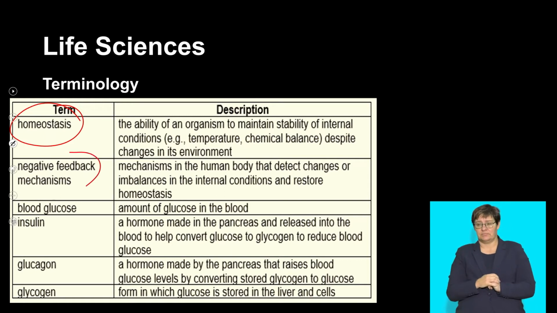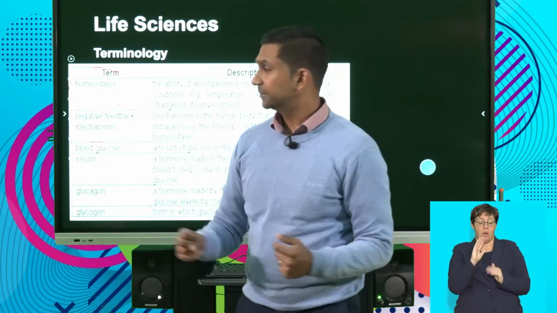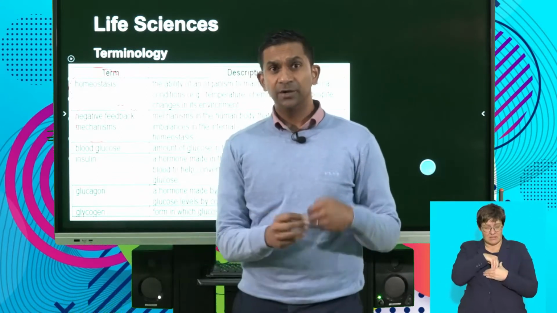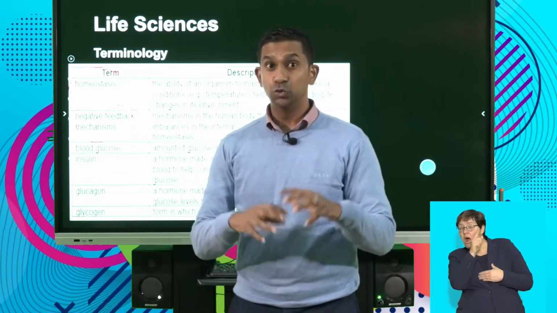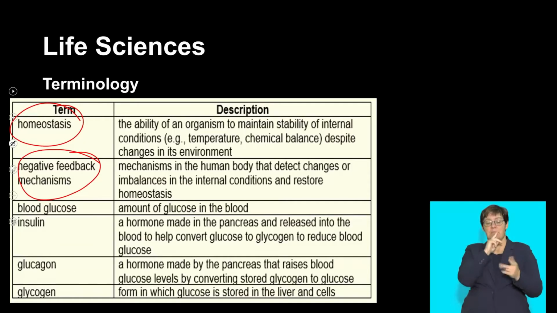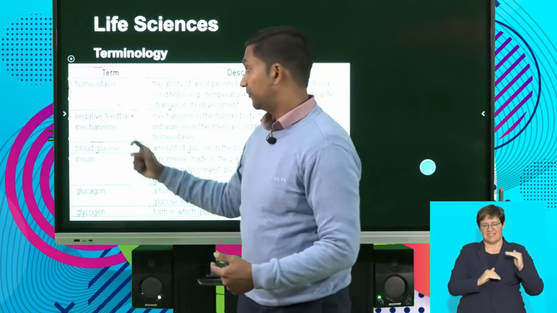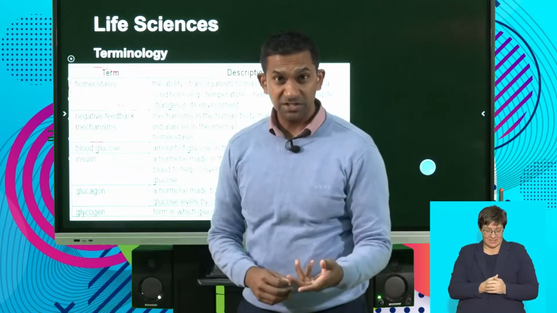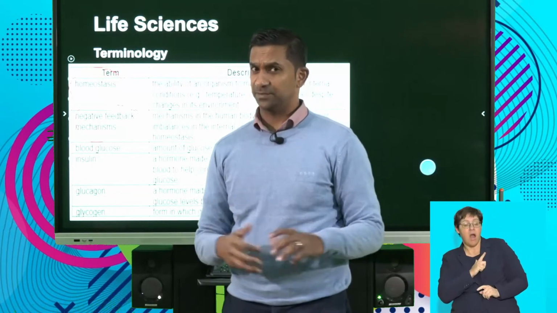The concept of negative feedback, again, it's important for us to recognize that negative feedback refers to processes in the body that respond in an opposite manner to a change. I'll say that again. Negative is an opposite, feedback is a response, and mechanism is a process.